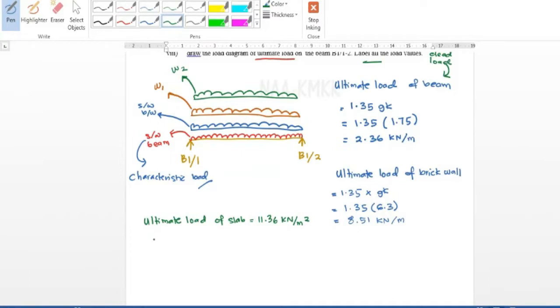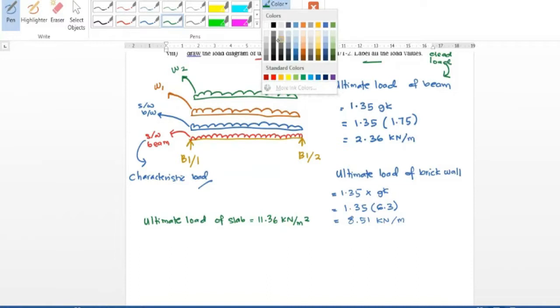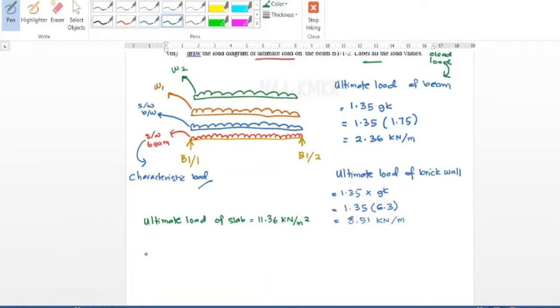So how to get W1? I write down the formula for you.